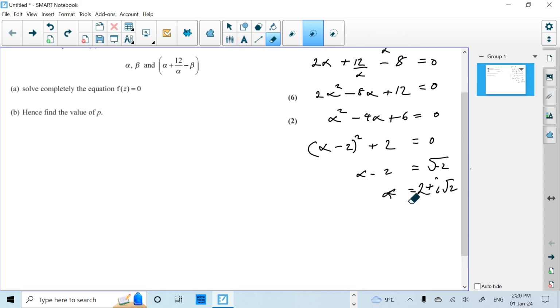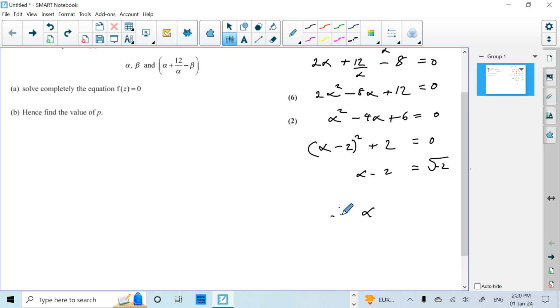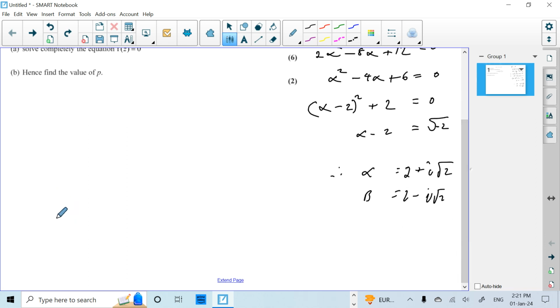So let's do that then. Therefore alpha is equal to 2 plus i root 2, and beta will be equal to 2 minus i root 2. Now substitute in alpha plus 12 over alpha minus beta.